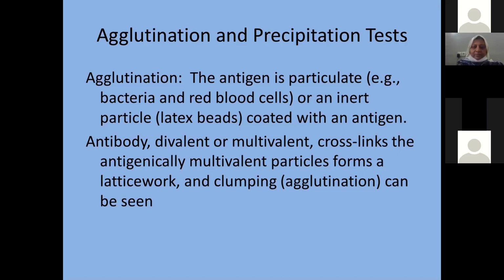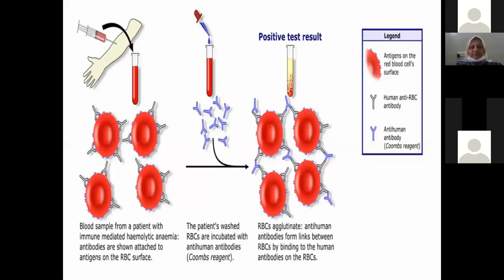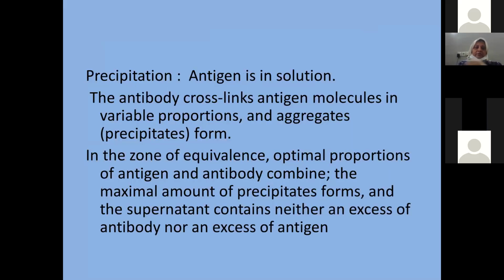So if the clumping is seen, the agglutination is positive, and it means that the person's serum contains antibody against that antigen. So this is how a positive agglutination test appears. This agglutination can be seen by microscope. You cannot see it without a microscope.